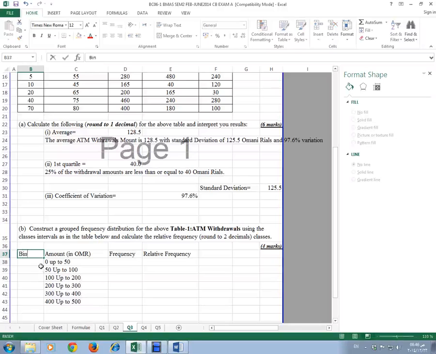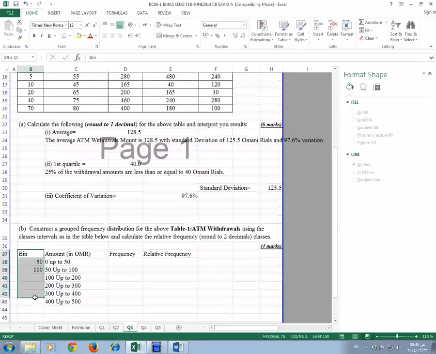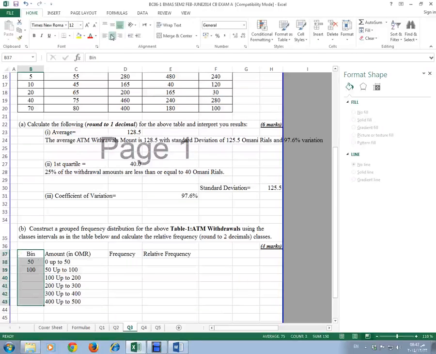So the bin here for the first class is 50, then 100, then 200, 300, 400, 500.